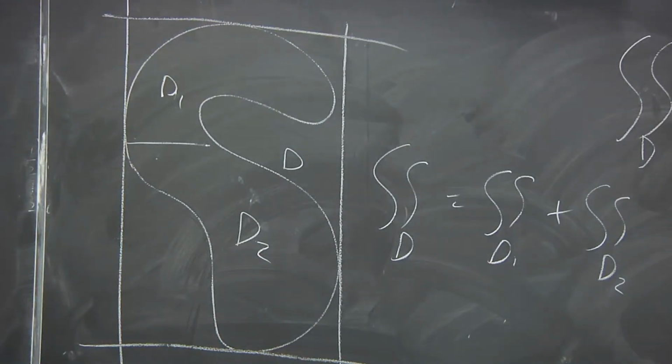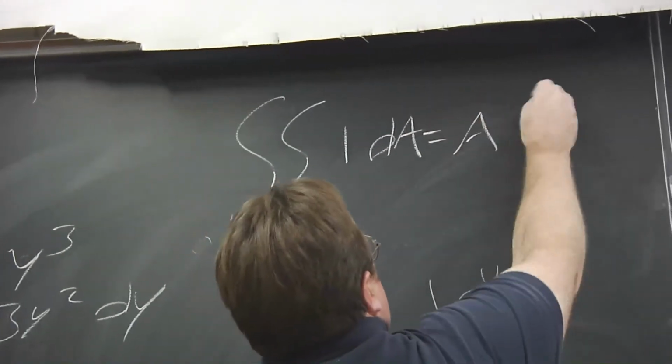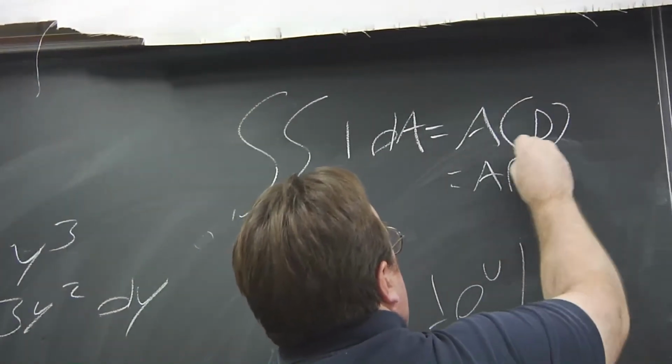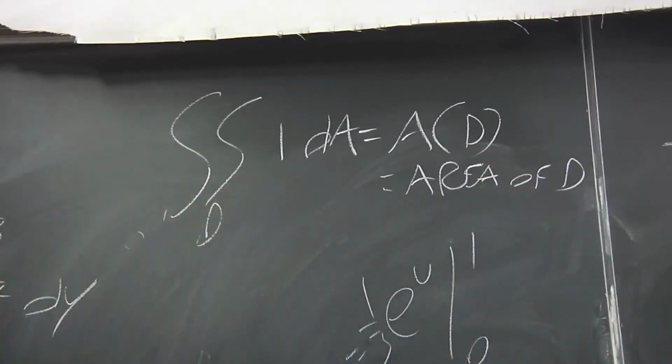And in fact, if that could be done, and you use the integrand f of x y equal to 1, that just gives you the area of a region. So just in general, that's A of D, the area of D. It'd be a nice problem to solve because that would mean you could compute the area of anything, any two-dimensional shape.